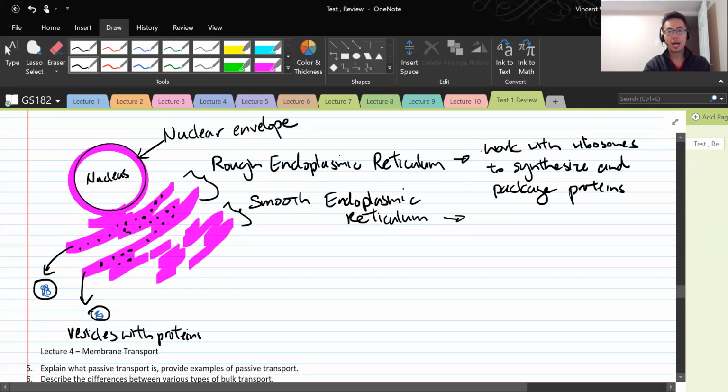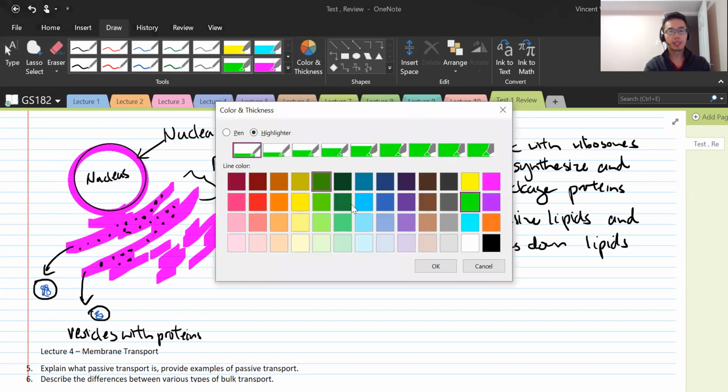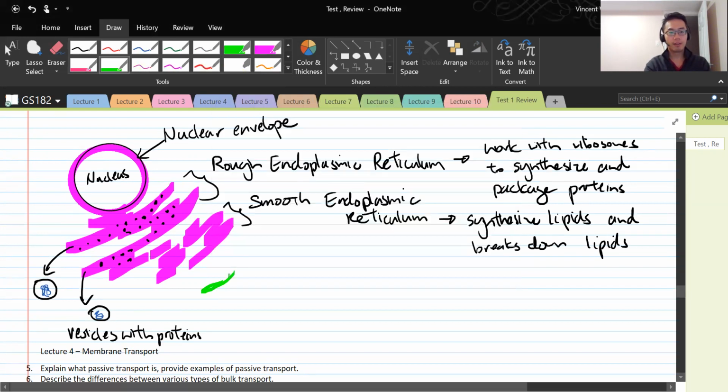Okay, and they do not do protein synthesis. Okay, their job is to synthesize lipids. Okay, and also breaks down lipids as well. Okay, if there's some kind of fat that you need to get rid of, that's what the smooth ER is responsible for. Okay, still further out from the nucleus, you will have these stacks of membranes.